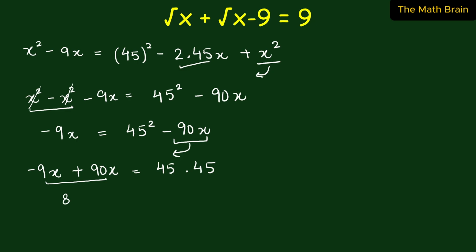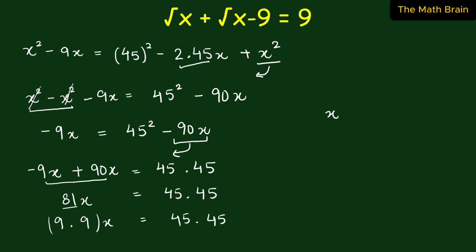This will be 81x is equals to 45 multiplied by 45. We can write 81 as 9 multiplied by 9x. It is equals to 45 into 45.